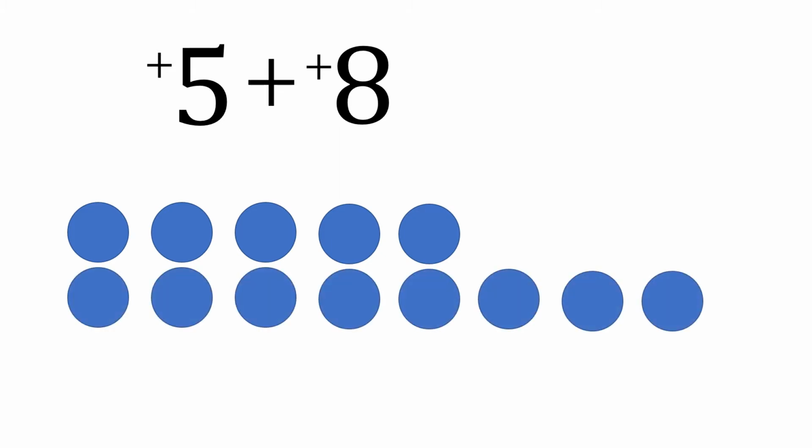And then we have 8 positives. So combining this will be 13 positives. That means the sum of positive 5 and positive 8 is equal to positive 13, which is the 13 positives.